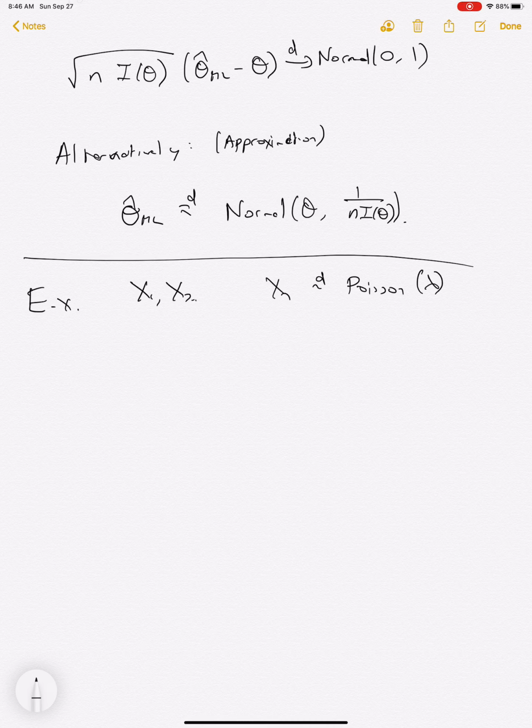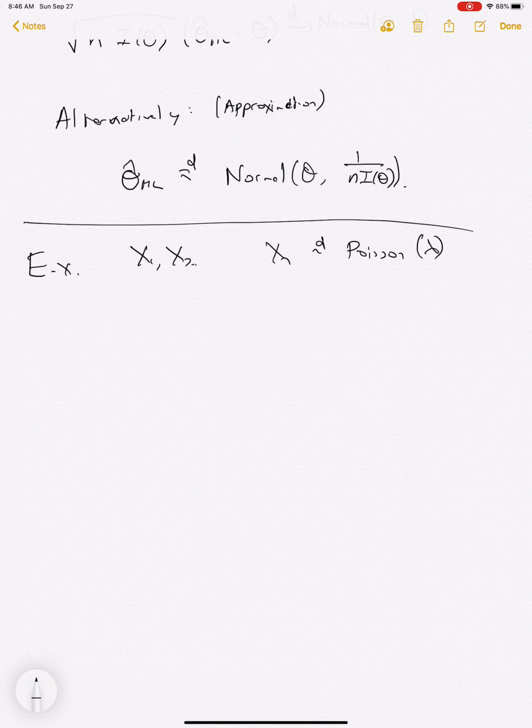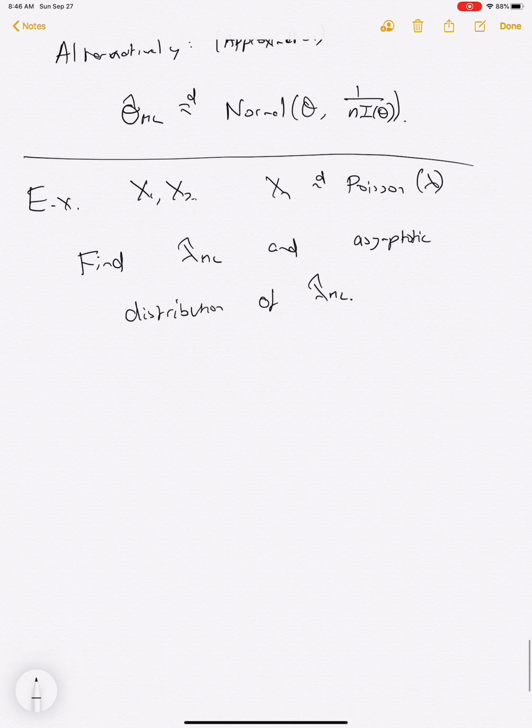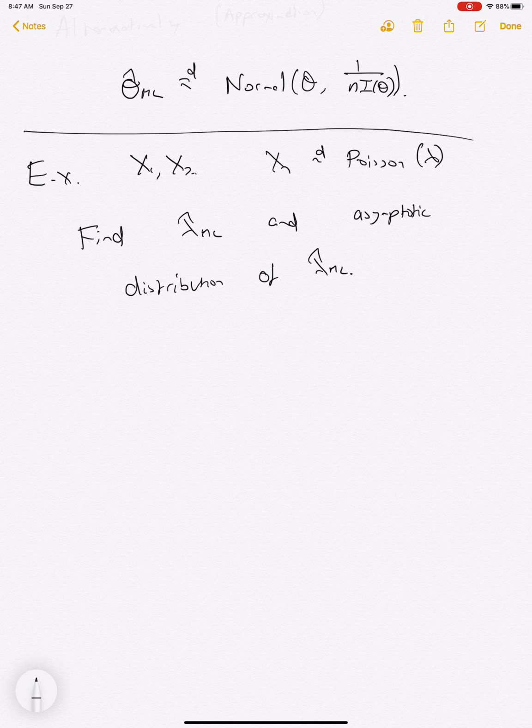So we'll go back to this Poisson example that we've seen today and in the previous lecture. If we want to find lambda hat ml and its asymptotic distribution, we hopefully recall that lambda hat ml is just the sample mean, x bar.